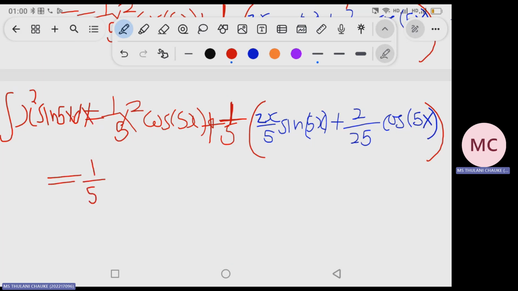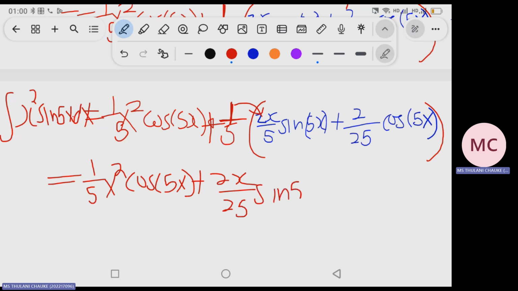So the final answer will just be 1/5 x squared cosine of 5x plus, you are going to multiply there, we'll have 2x over 25 the sine of 5x plus 2 over, and then multiply 25 with 5, we'll get 125 cosine 5x.